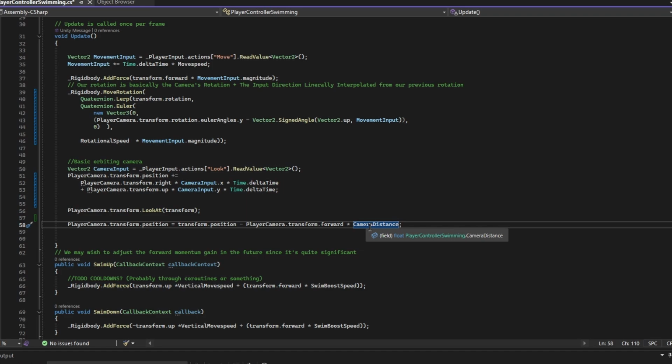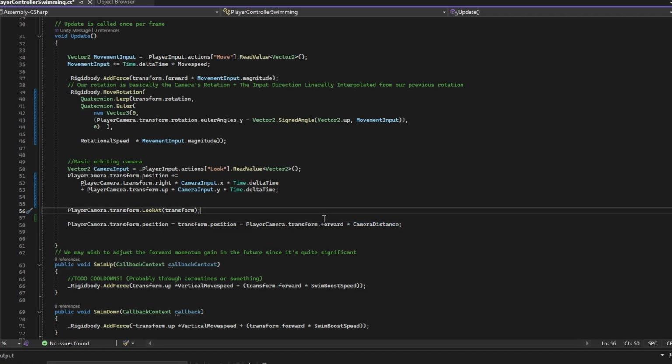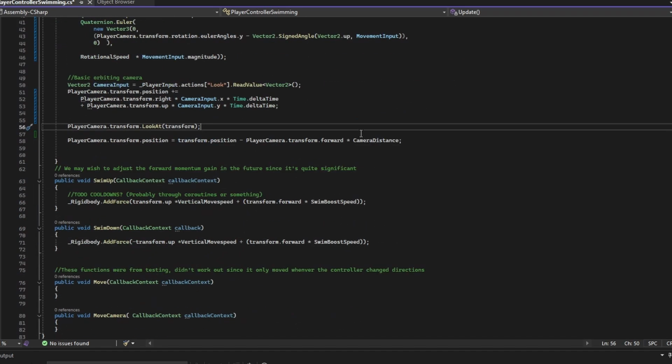And if we had a way to change camera distance dynamically before this by, say, using the scroll wheel or something, we could then zoom in and out dynamically thanks to camera distance being a value here.